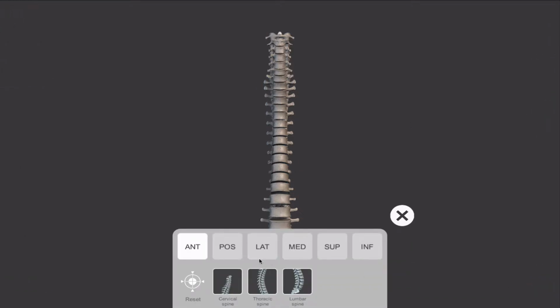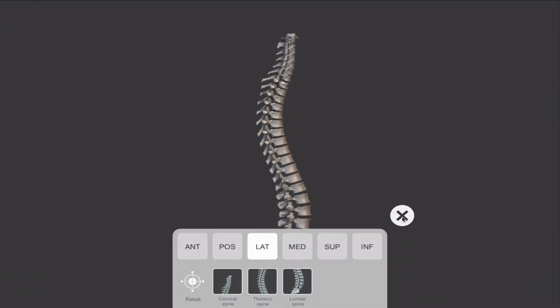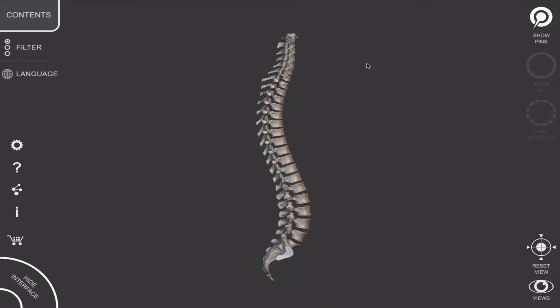Now, when we look at the spine from the side again, those curvatures that we see there are considered normal in this picture, but at times these curvatures can become abnormal as well. If, for instance, the thoracic curve becomes too deep, we would refer to that as a kyphosis.